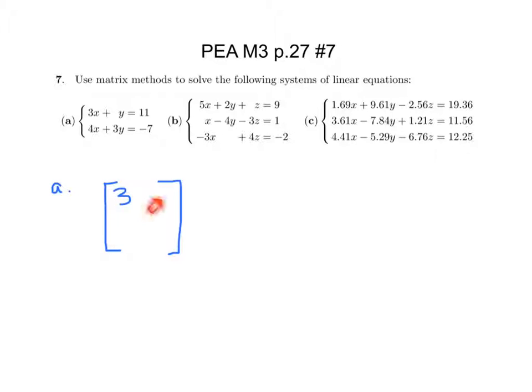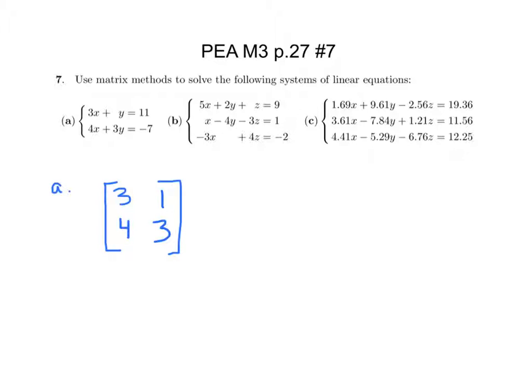What goes here? 1. And below the 3? 4. And 3. So you just make sure that you have all of your variables in order, x, y. So these are my x's, and these are my y's. This is equation 1, equation 2.